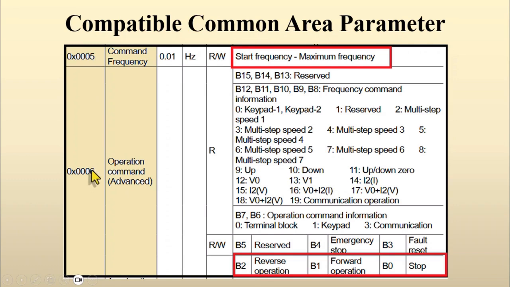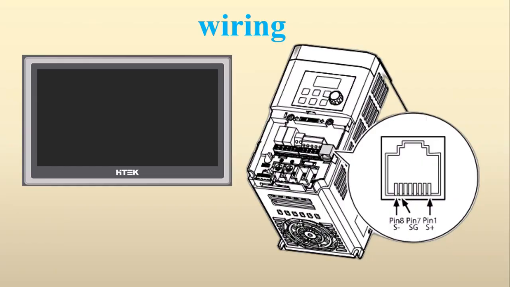But in the M100 inverter, in order to properly set up the network wiring, an RJ45 port has been provided on the M100 inverter for the advanced models. If we want to connect the RS485 network, we use this RJ45 port.